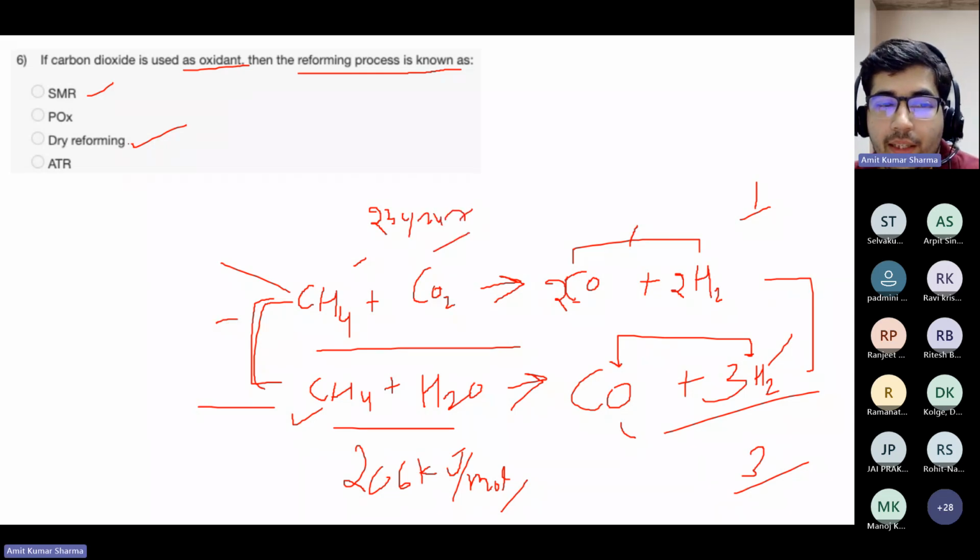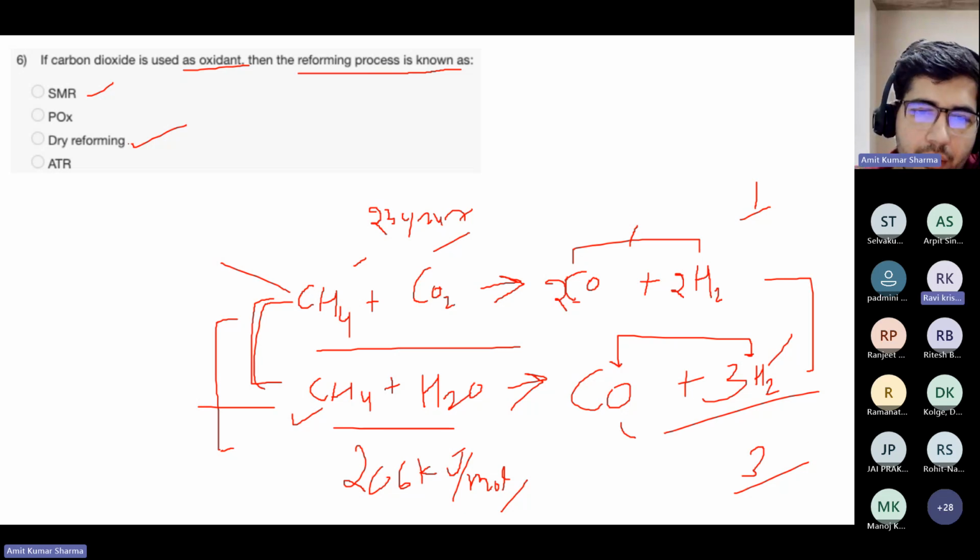So which reaction will be more preferable? Steam methane reforming. Yes, for steam methane reforming the energy requirement is less as compared to dry reforming, so steam reforming will be preferred.